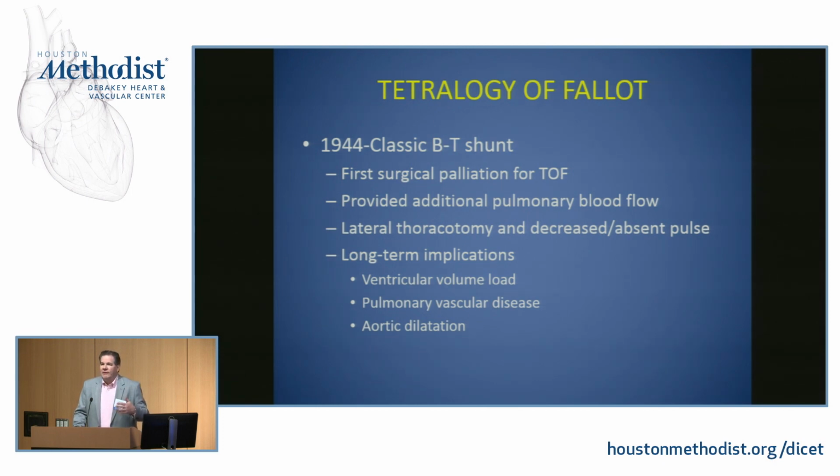In a patient who had this, you may find on exam a lateral thoracotomy and a decreased or absent pulse on the side of the shunt. The long-term implications of this surgery were ventricular volume load, pulmonary vascular disease, and aortic dilatation.